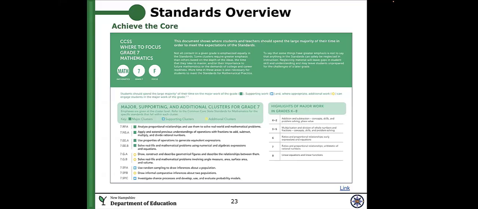So if you teach math, you can know which clusters of standards might be ones that you want to spend more time on. And then there's others that maybe are some supporting ones. So you definitely want kids to be exposed to them and understand them a bit, but they aren't quite as much time needed on them as your major clusters.